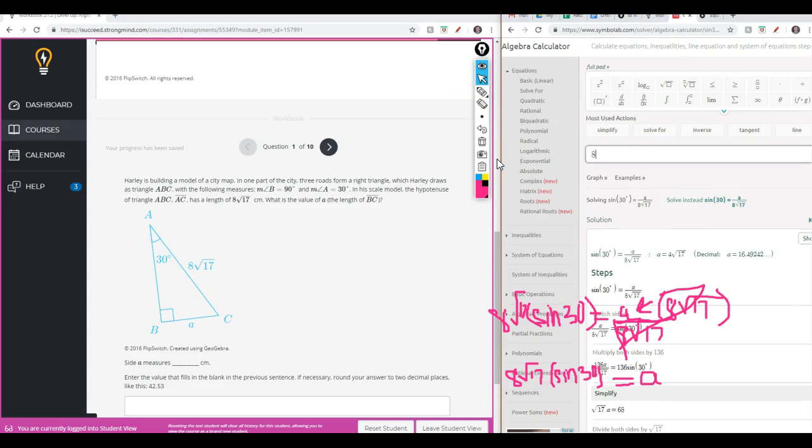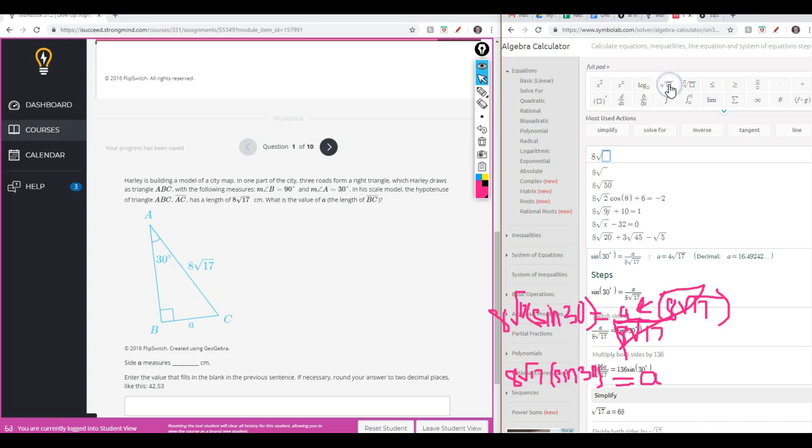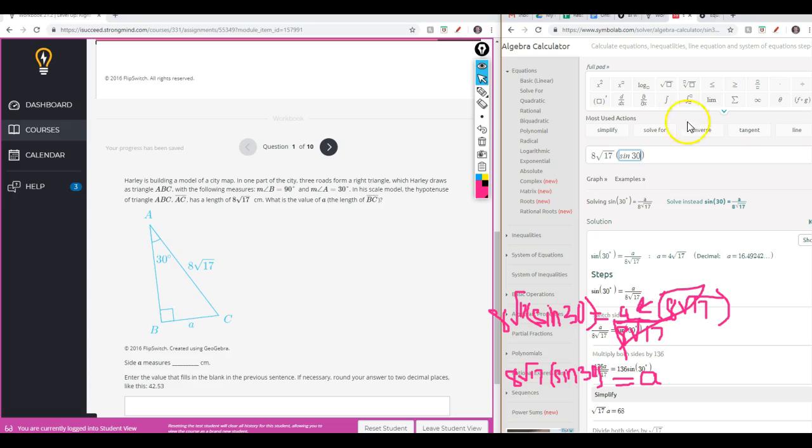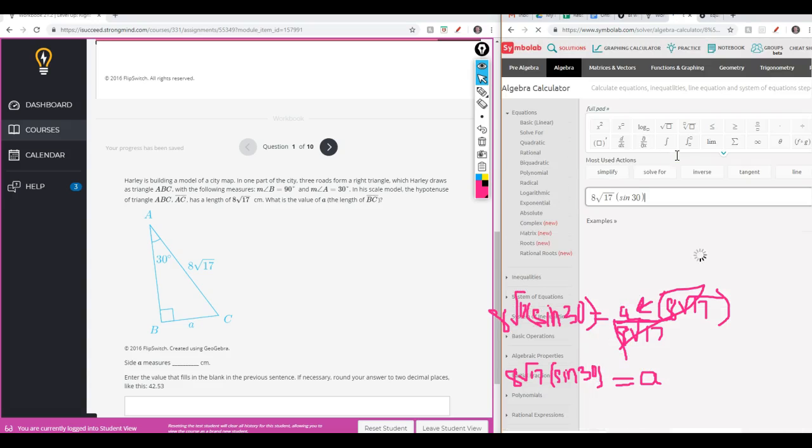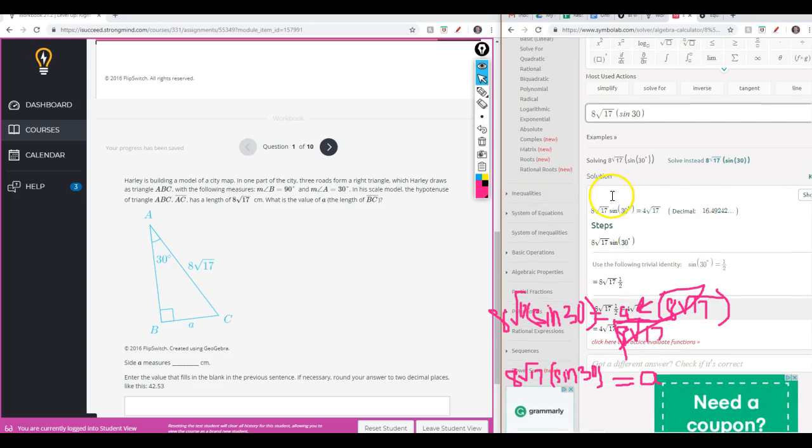8 square roots of 17 times sine of 30. That's going to equal 4 square roots of 17. That is the exact value. If you notice, it says enter the value that fills in the blank in the previous sentence. If necessary, round your answer to 2 decimal places.